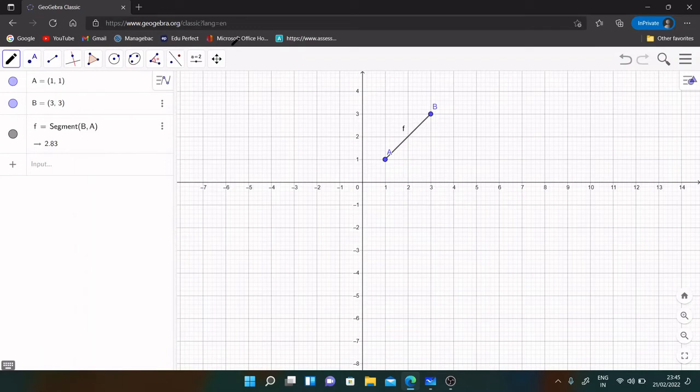The slope formula is y2 minus y1 divided by x2 minus x1. That is the slope formula.